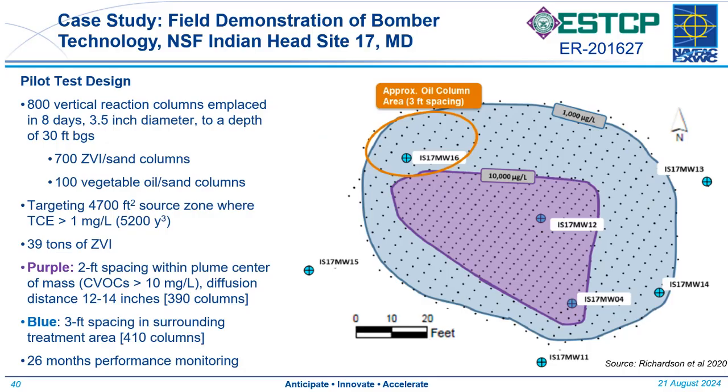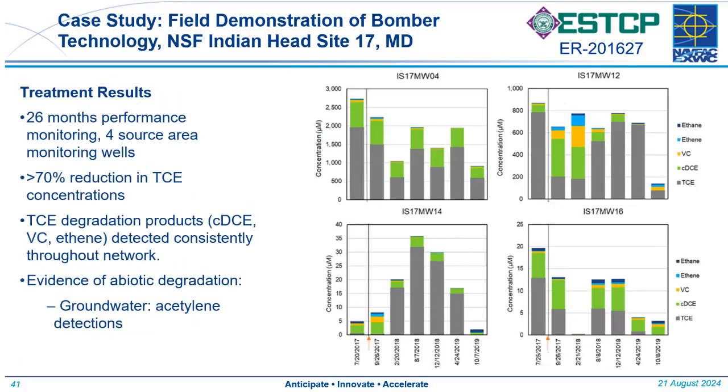In purple, there were 700 zero valent iron sand columns, and in blue there were 100 vegetable oil and sand columns in a subset of the area, with 39 tons of zero valent iron in total. In the center, there was a 2-foot spacing of these columns where the concentrations were higher. And in the blue area, there was a 3-foot spacing because the concentrations were lower. Then they monitored performance for about 26 months.